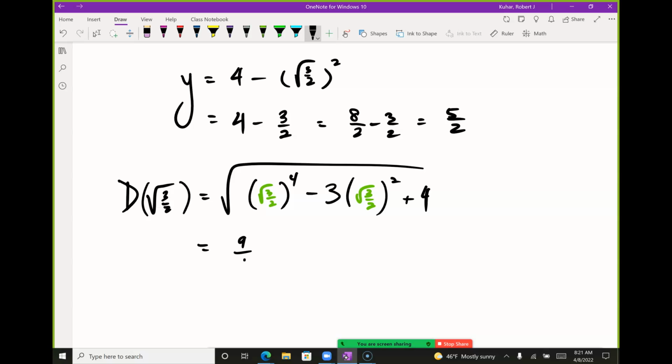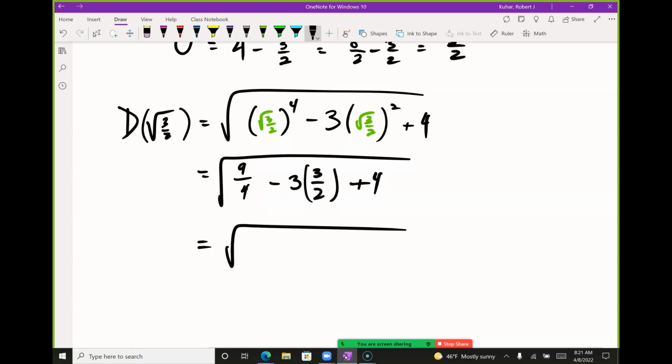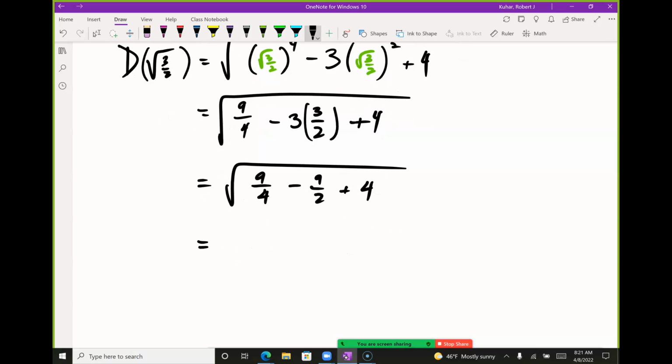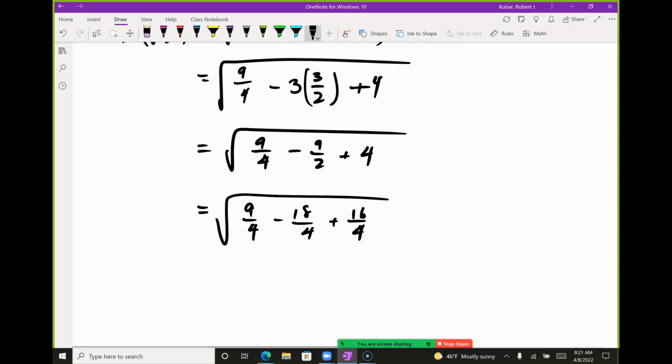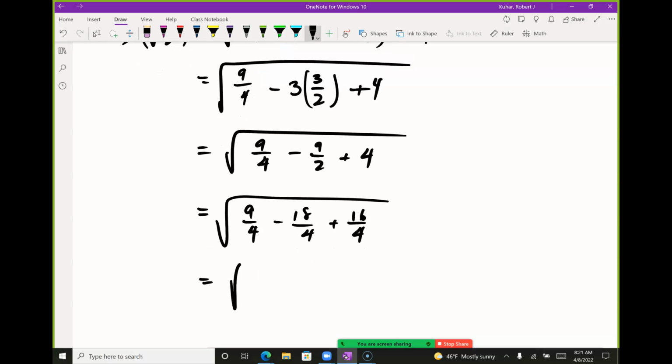So it's going to give me 9/4 minus 3 times 3 halves plus 4. This is another one of those really tall problems. Changing everything to a denominator of 4, I get 9/4 minus 18/4 plus 16/4. And it looks like I'll get square root of 7/4, or rad 7 over 2. And there's my min distance.